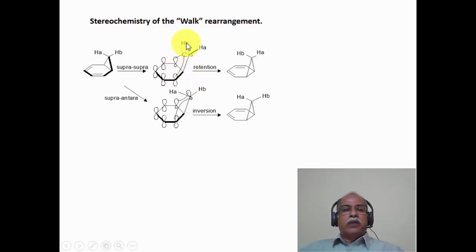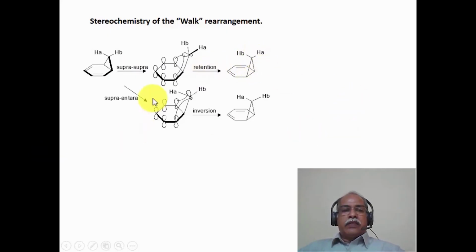So in doing so, it will bring the HB inside and HA outside, resulting in HB now being the endo substituent and HA the exo substituent. So what was originally endo has become now exo. What was originally exo has become endo as a result of a suprafacial migration with the retention of stereochemistry resulting here.